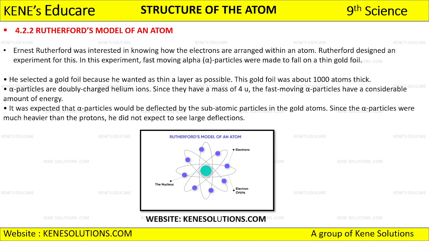So one reason for using these alpha particles was that they are doubly charged helium ions and they have a mass of 4u. Because of this, the fast moving alpha particle will have considerable energy, and it was expected that alpha particles would be deflected by the subatomic particles in the gold atom.